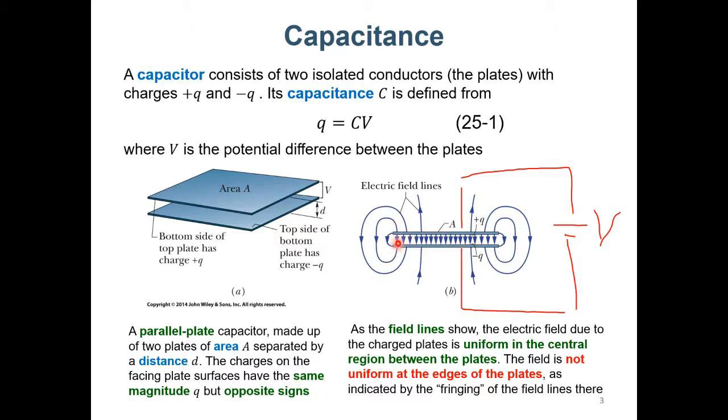It is roughly uniform in this area, but outside this area it will look something like this. We call this the fringe E field, fringing, this word. So it's not uniform anymore.